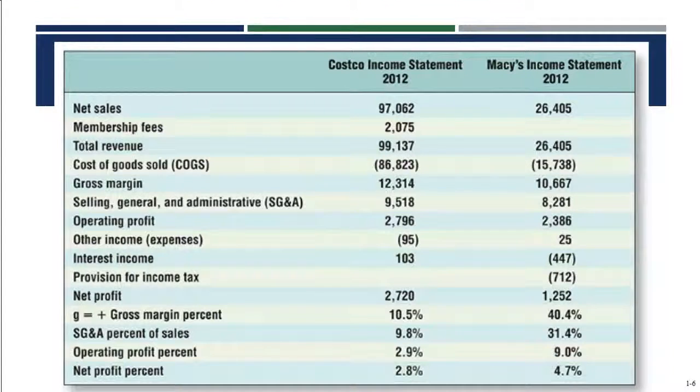Our margin is much higher at a department store because people are willing to pay higher prices for items. When we look at Costco, consumers generally aren't willing to pay more, so Costco has to lower their prices to stay competitive, and they make a very small margin on the products that they sell.